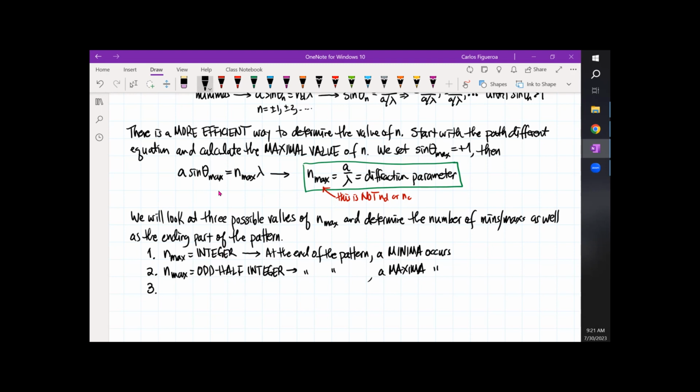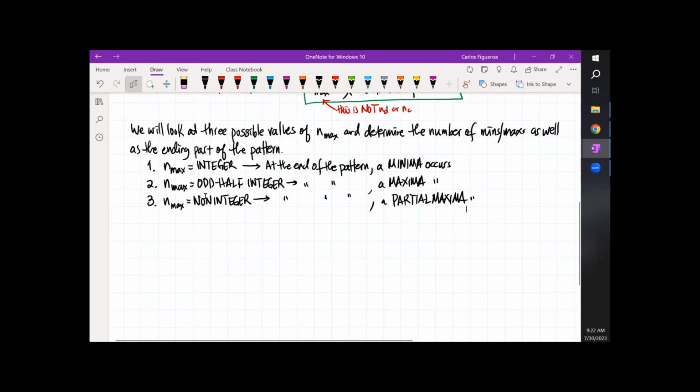And our third case is n max being a non-integer, and that tells us that at the end of the pattern, a partial maxima occurs. We want to go through those cases and really get a sense of when that actually happens.